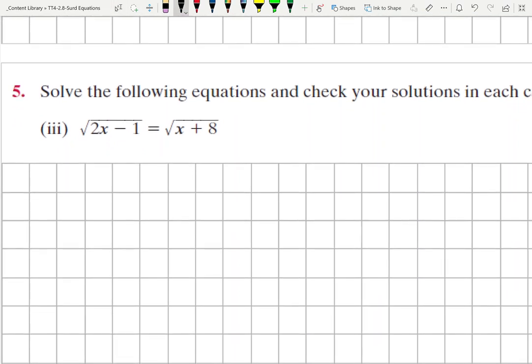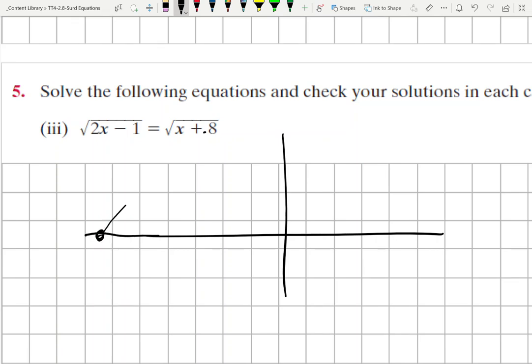Okay, we're going to square both sides. And I'll just tell you what's going on here. You have this emanating from negative 8, like a parabola going that way. You have this emanating from 1, like a parabola but steeper.